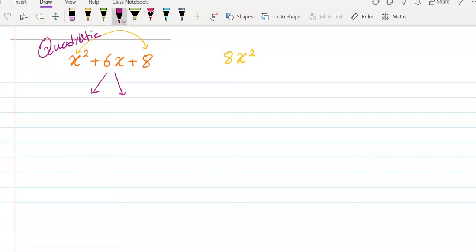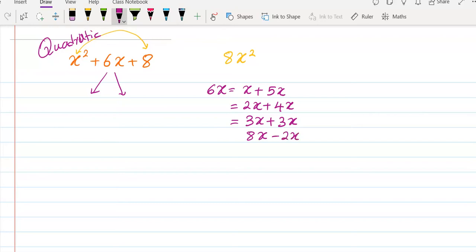Now, if I look at 6x, I can write down 6x as x plus 5x, or 2x plus 4x, or 3x plus 3x. And of course, there are other variations too, such as 8x minus 2x, one positive, one negative. But what we are looking at is that the product is 8x squared.